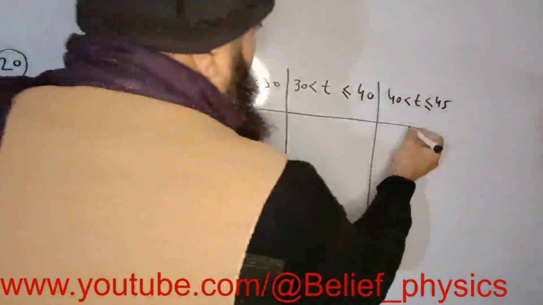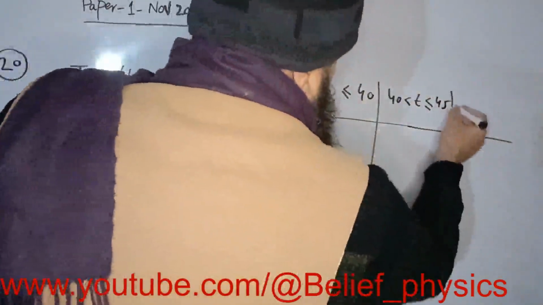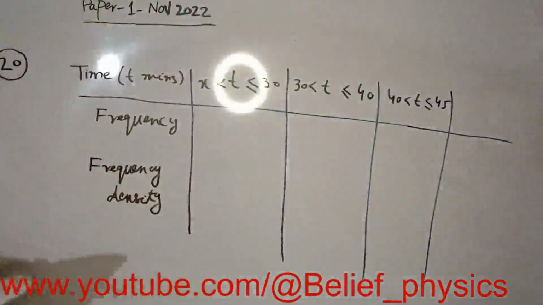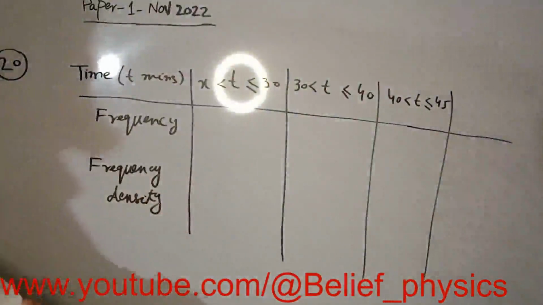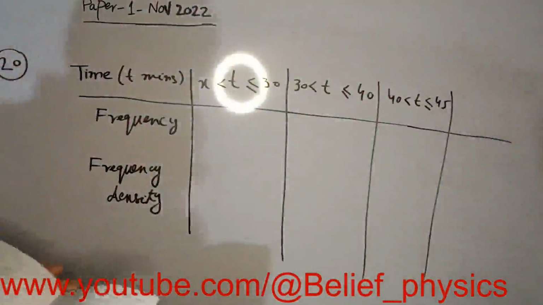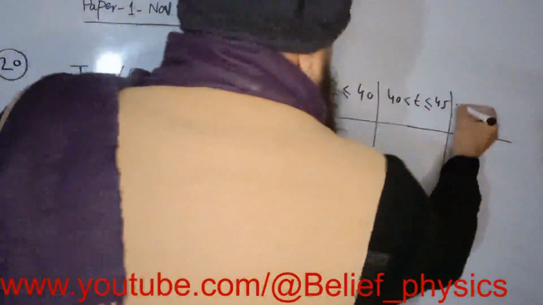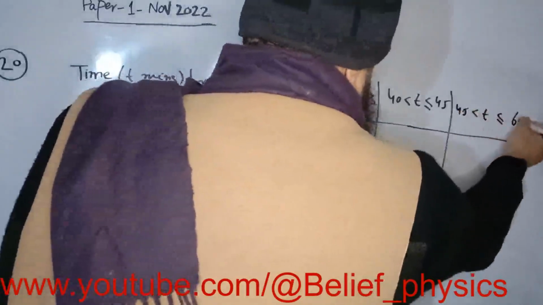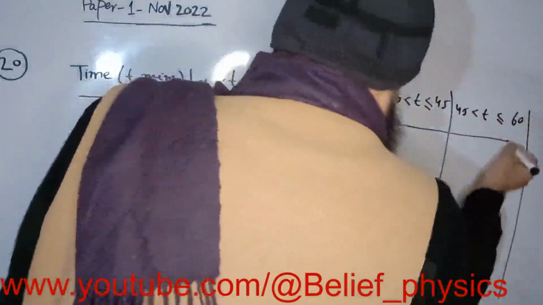So when we have unequal widths of intervals, then we use frequency density for drawing histogram. And last column is 45 less than t less than or equal to 60. It is given here.